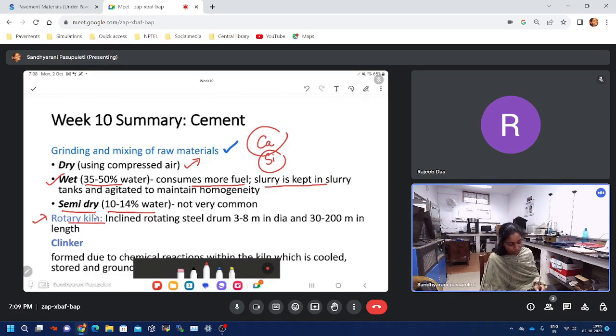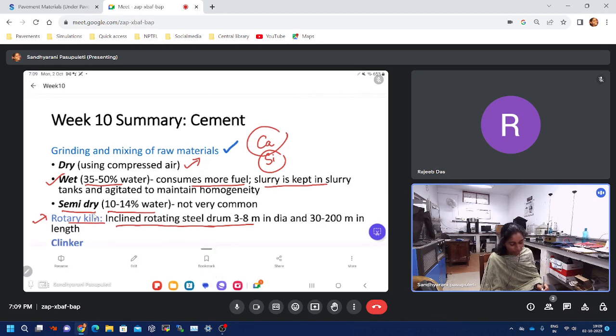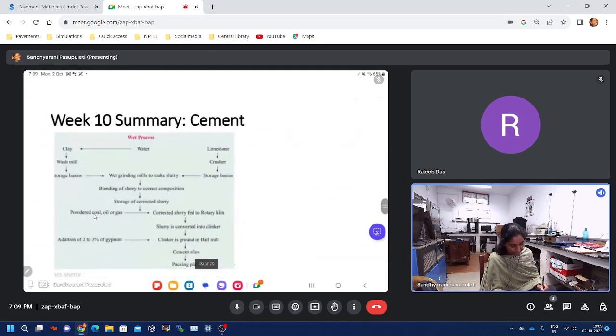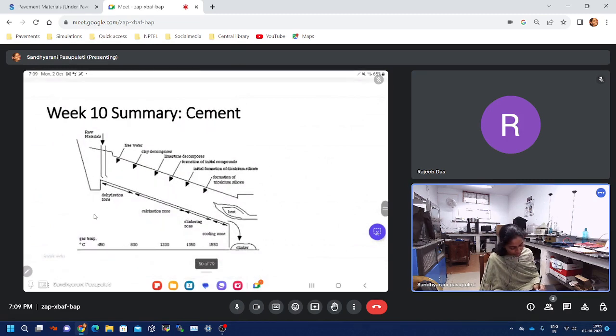That kiln would be rotating and is inclined in direction. This kiln will be at a higher temperature, which we have discussed previously, around 1400 to 1500 degrees. When we keep these materials inside, there are stages of transformation which I will be explaining in the upcoming slides.